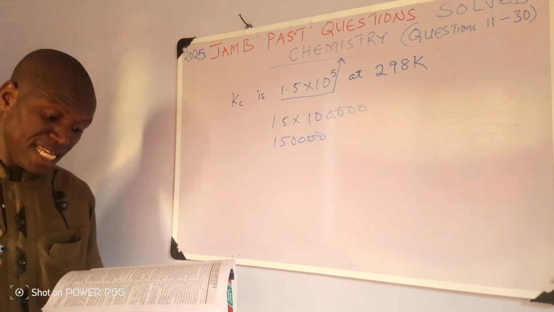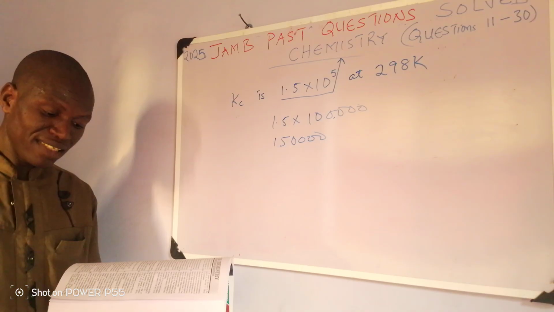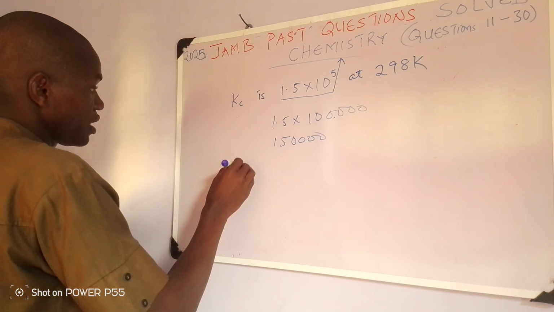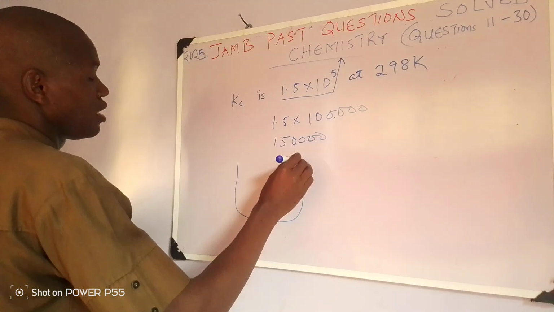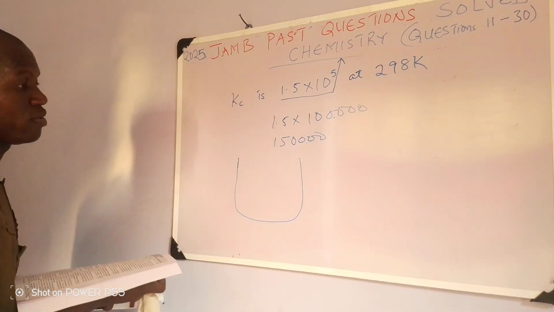They say, in an electrochemical cell, reducing agent is found at, you remember your electrochemical cell? Let me see if I can illustrate it for you very quickly.